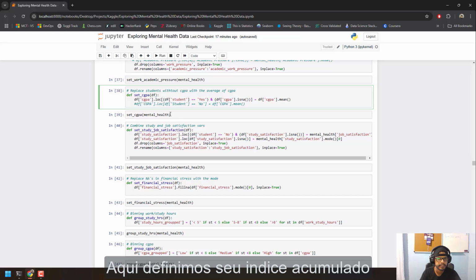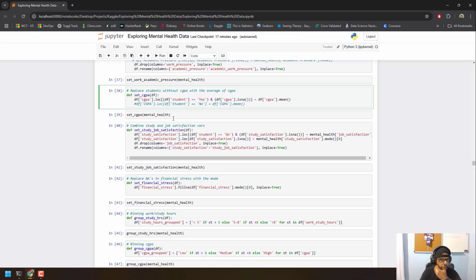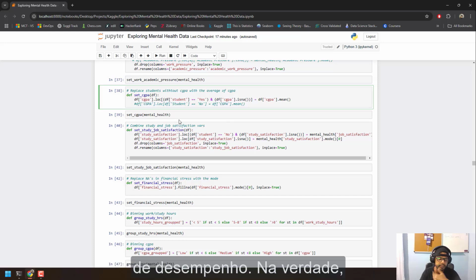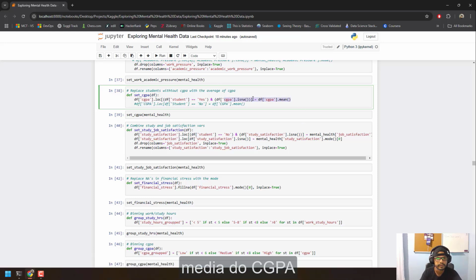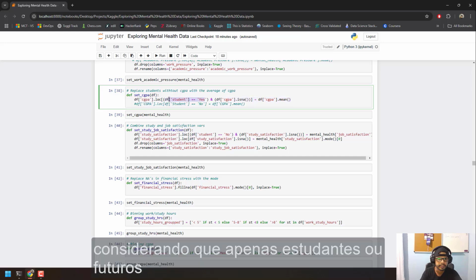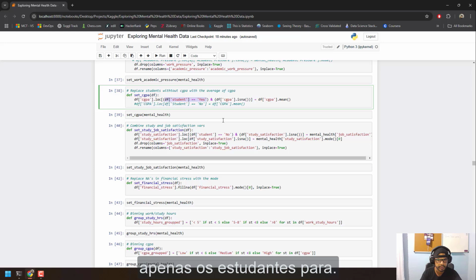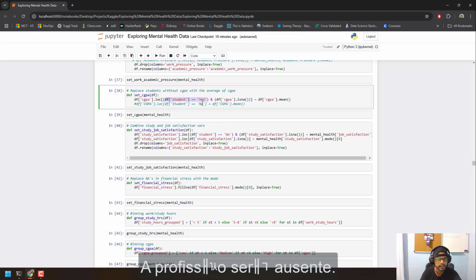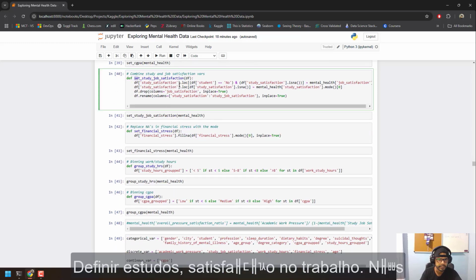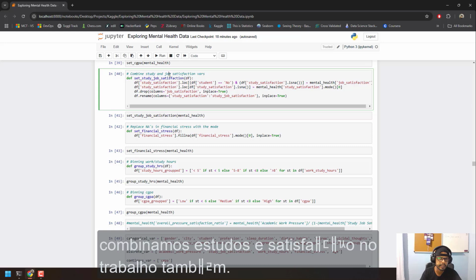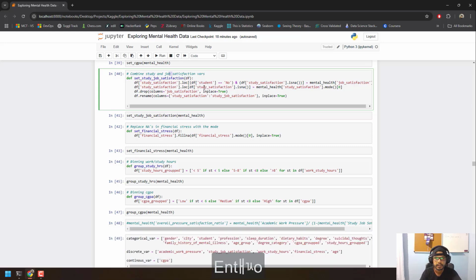Here we set its cumulative grade point average. Actually, we replace the missing values with the mean of the CGPA, considering that just students have it, so we filter just the students, for whom profession is going to be missing. Study and job satisfaction: we combine study and job satisfaction as well.